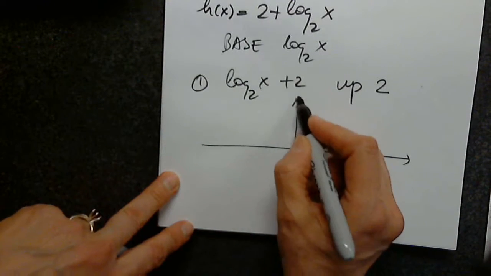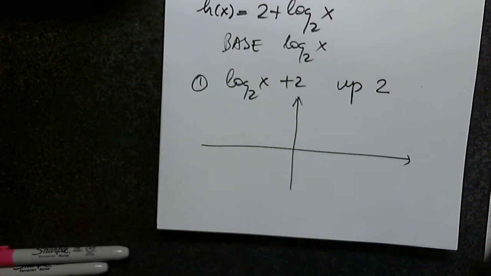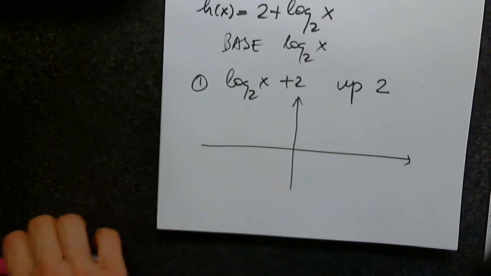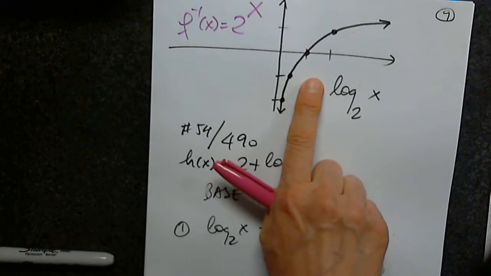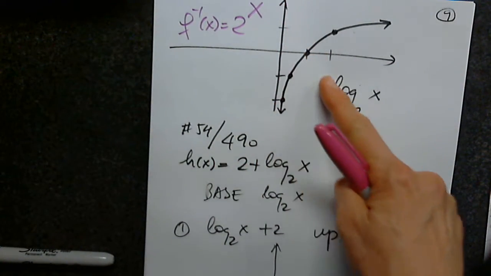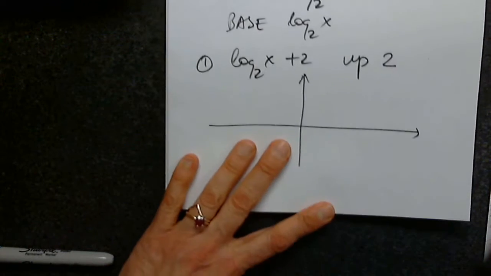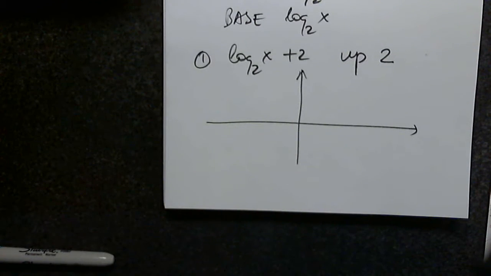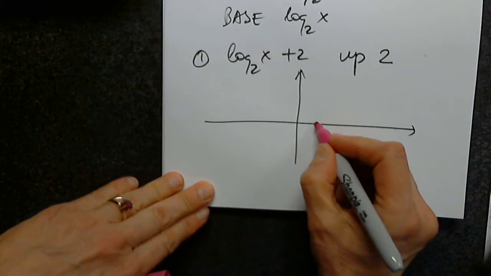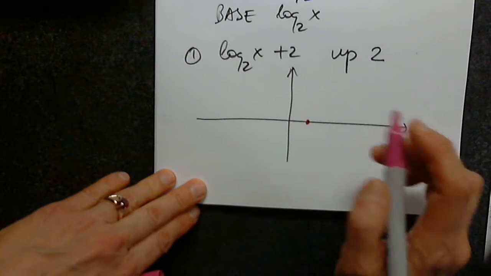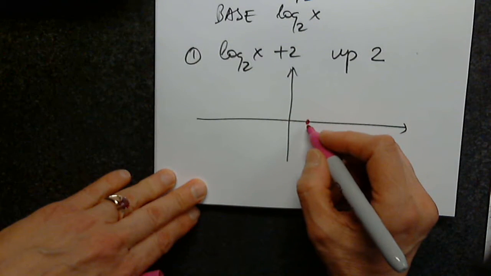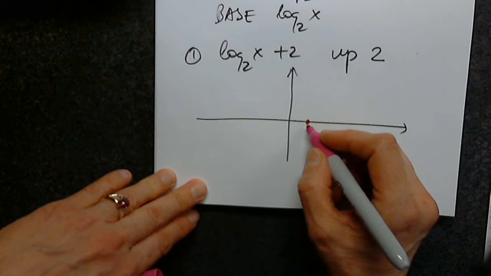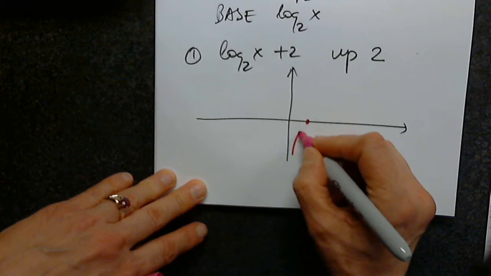Is this function increasing or decreasing? Because if it is increasing, I will graph it like this. If it is decreasing, I will graph it like this. Increasing or decreasing? Increasing. And it crosses at 1, always. Very good.